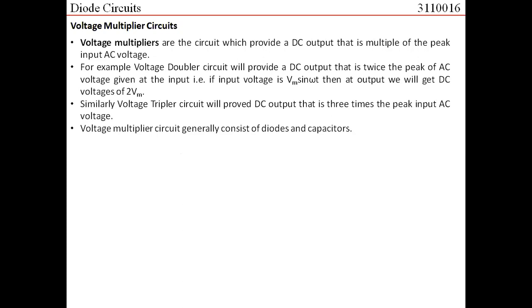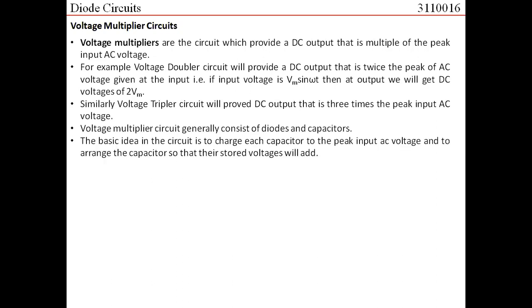Voltage doubler and voltage tripler are both examples of voltage multiplier circuits, which consist primarily of diodes and capacitors. The basic philosophy behind these circuits is that we connect capacitors such that the voltage or charge stored in the capacitors adds.